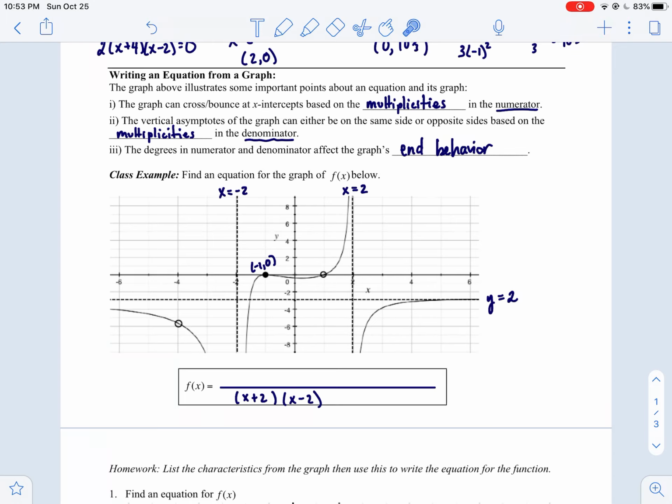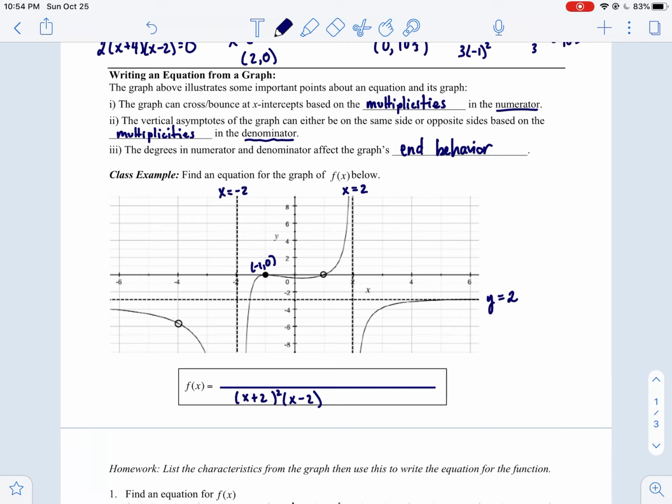But then I actually want to bring in this new idea here about the multiplicities. So if I look at this, I'll notice that at the asymptote here at -2, this thing was going down around that asymptote. So if it's going the same direction around that asymptote, then we actually know that that must have an even multiplicity. So we can go in here and then at that factor, we know that it's going to be squared.